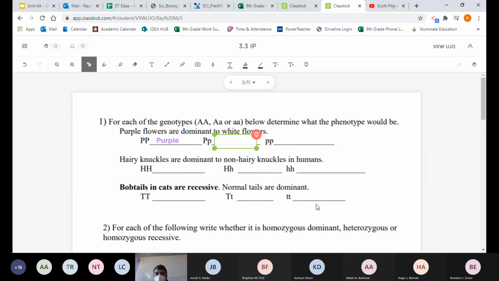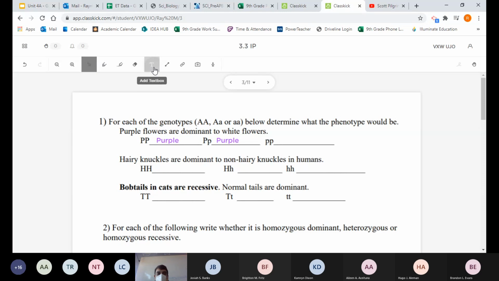Your choices being purple or white. Brighton says purple. Brighton, you are correct. So again, whether you're homozygous dominant or heterozygote, as long as you have one of those dominant alleles, you're going to express that dominant trait.